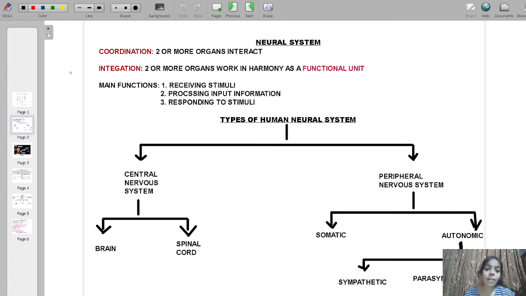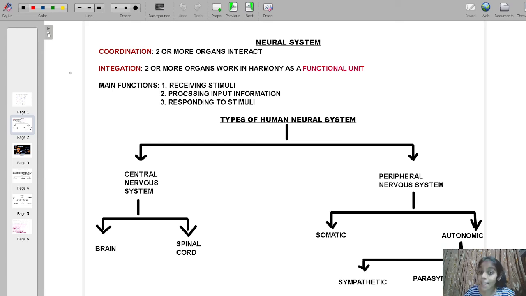Suppose the weather is too humid. We are sweating like anything, and once we enter the room, we feel like switching on the air conditioner. So over here, heat, high temperature, is the stimulus, and when our body perceives that, the response is that we try to get some cooling effect.